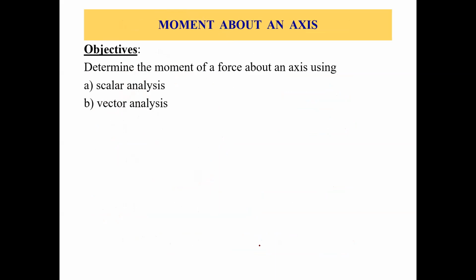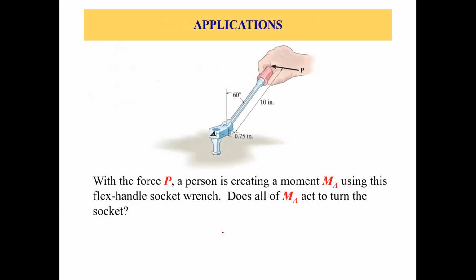Now we are talking about moment about an axis, because previously we were talking about moment at a point, point A, point O, point B. Now let's talk about determining the moment of a force about an axis using scalar analysis and vector analysis.